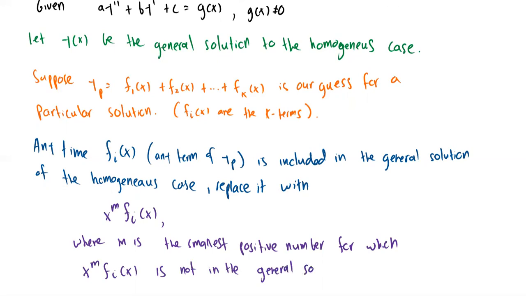So that's how you would write it mathematically. I'm giving you a mathematical expression. All this means is multiply it by x as many times as needed until it's no longer a solution of the homogeneous case.